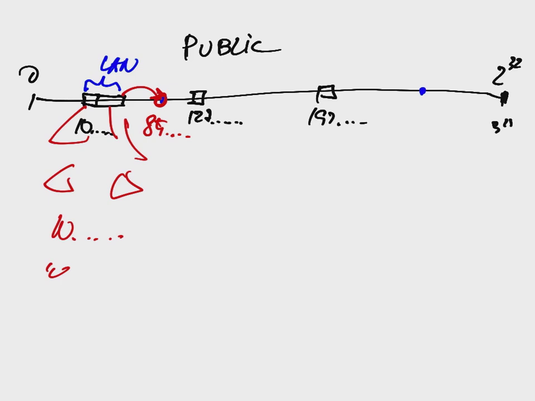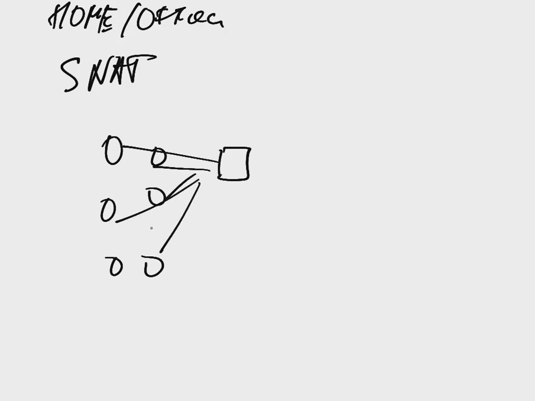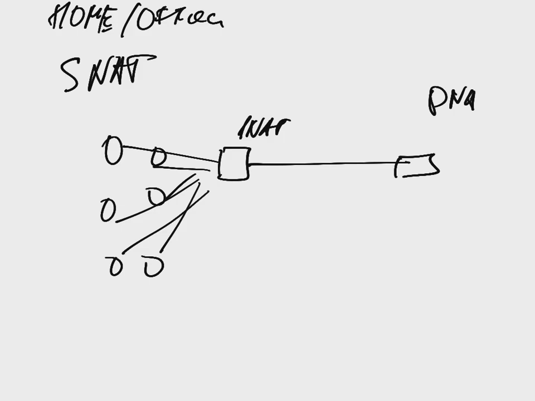So network address translations may be at two different ends. Source network address translation is about your home or office network, where there are many devices behind one single network address translation device. But on the other end, called DNAT, there may be again just one single IP address.